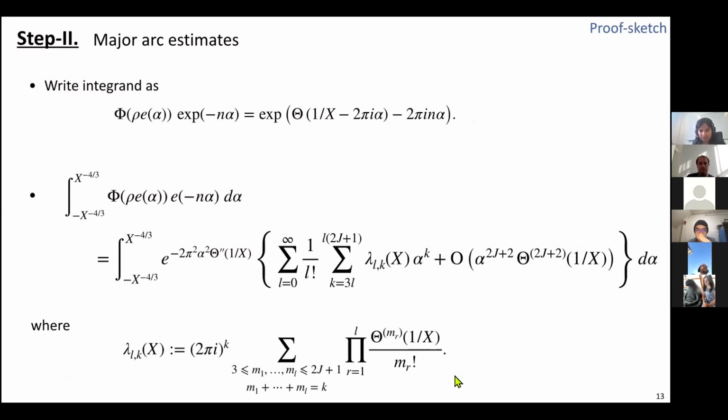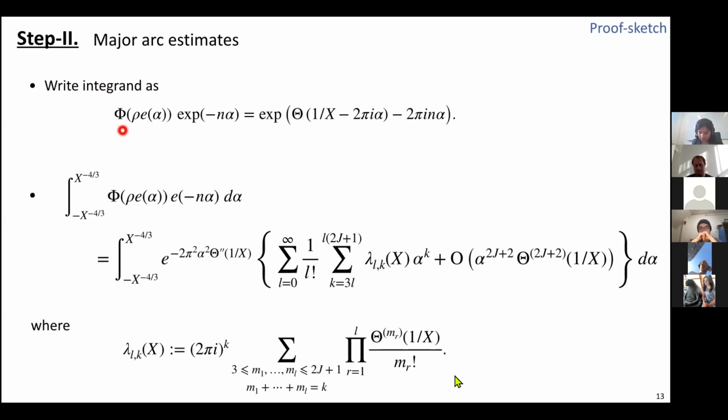The idea over here is that the integrand is this, right? You already have an exponential of something, but you also have this c. If you could write this as the exponential of something, so the whole integrand is exponential of something, then you could apply Taylor's theorem, because we know the Taylor series expansion for the exponential function. That's all we do.